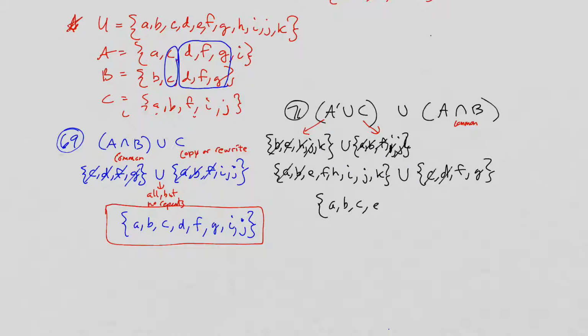Yep. How about an E? Yep, on the left. How about an F? Is in both. How about a G? Yep, on the right. How about an H? Yes, on the left. How about an I? Yep, on the left. J on the left, and K.